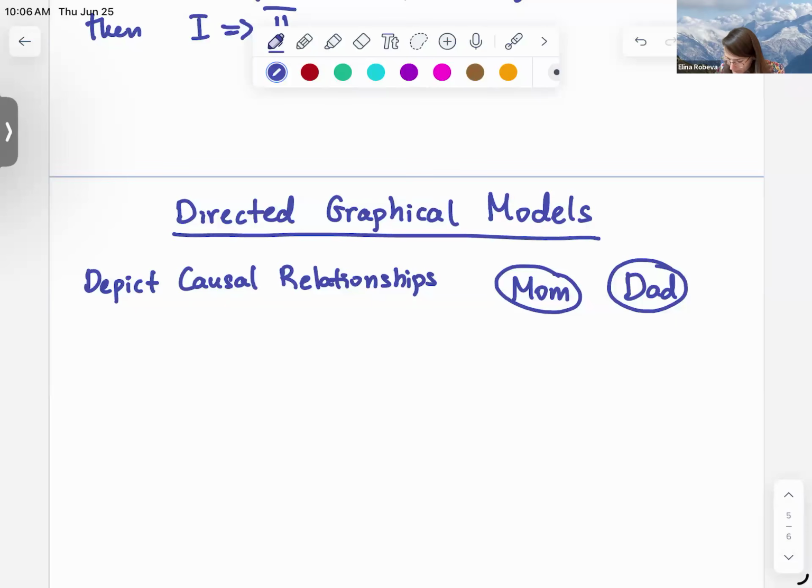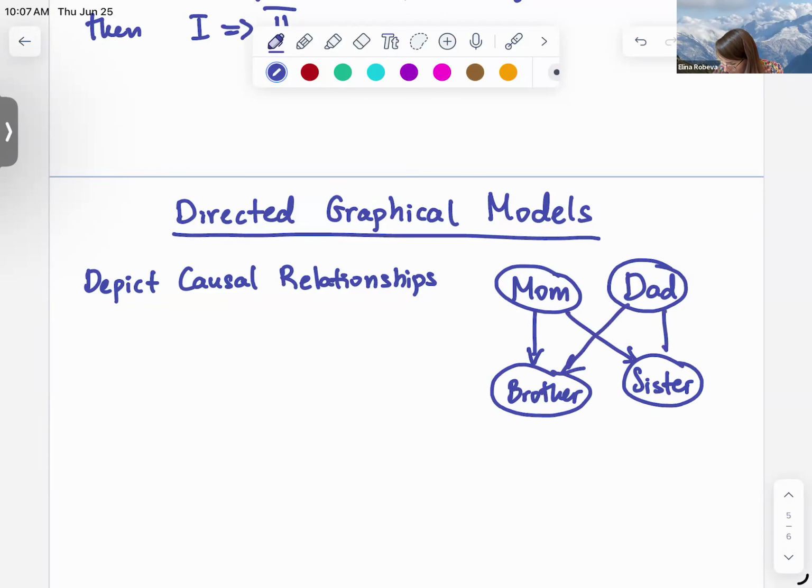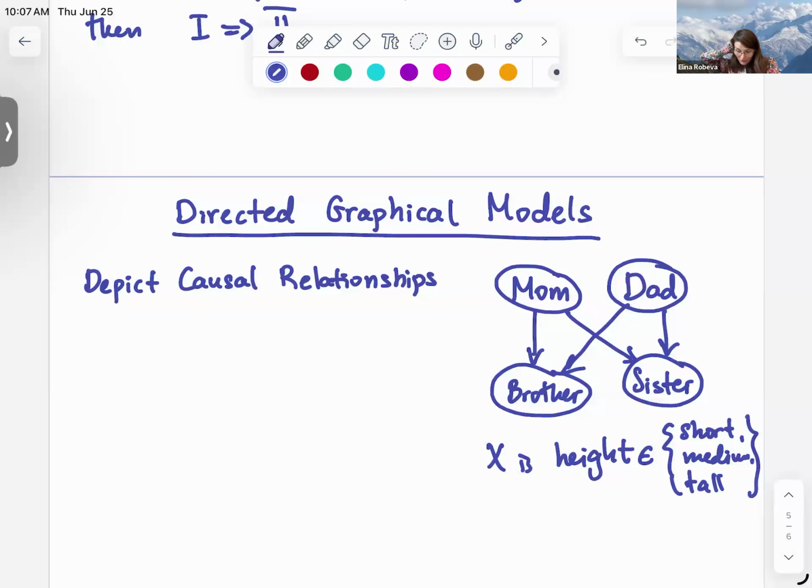We're just going to have two siblings, doesn't really matter. Height or some other trait. So let's say X is height. And because we're just looking at discrete variables here, we can say short, medium, and tall, for example. Or you could just imagine any characteristic you want to measure.